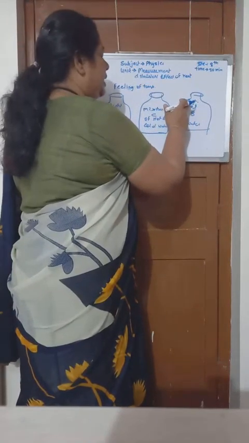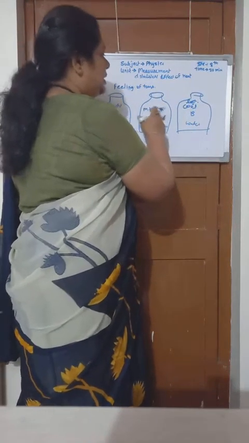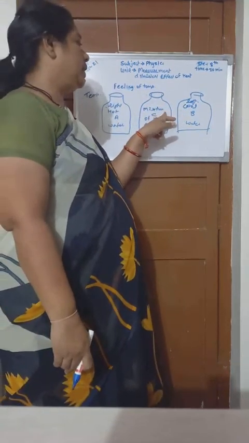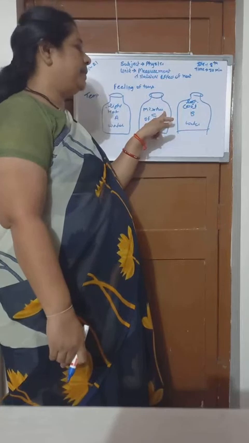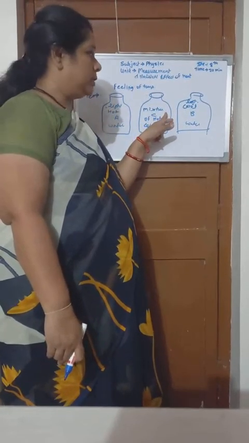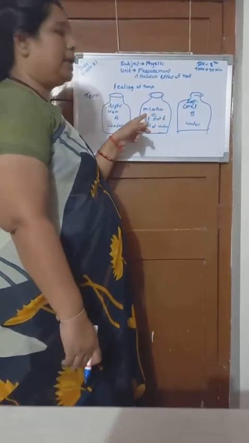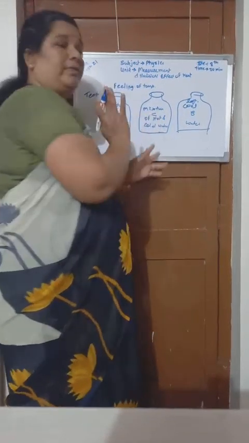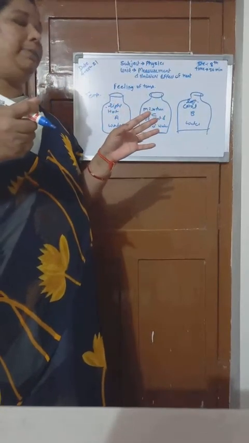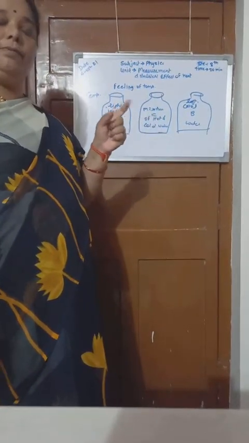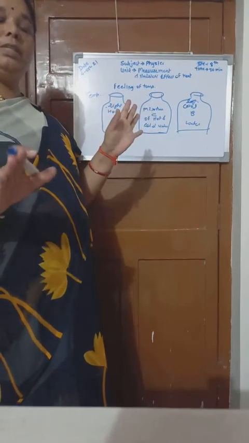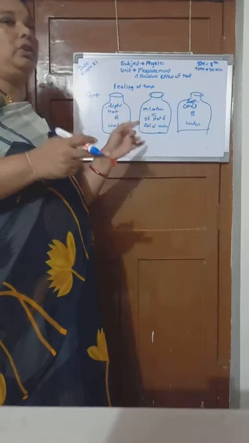If we insert the left hand in vessel C, then initially it was cool. C's temperature is greater than B, therefore we feel hot here. The temperature of vessel C is not changing, but the left hand feels hot and the right hand feels cool. Then it is impossible to say whether it is hot water or cool water.